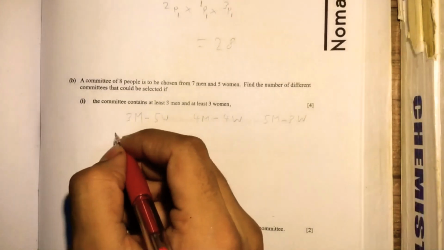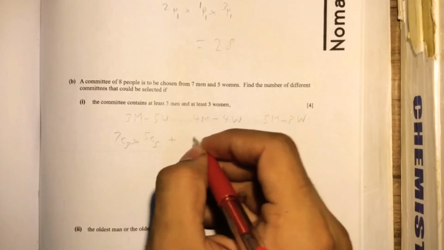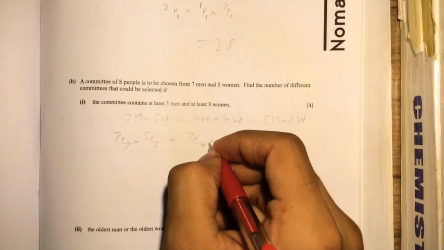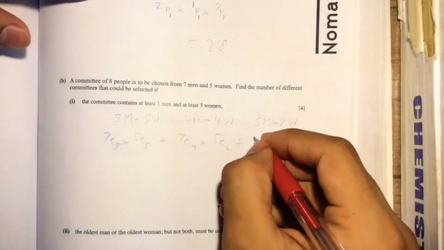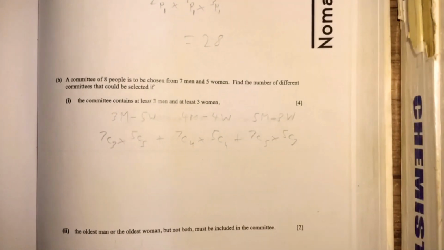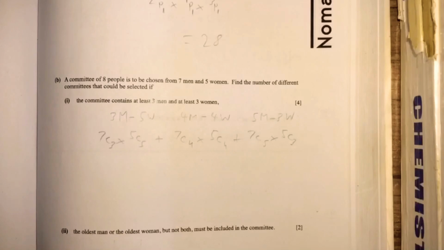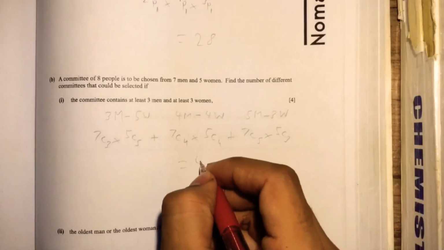So for 3 men, we'll have 7C3 into 5C5 plus 7C4 into 5C4 plus 7C5 for men into 5C3. This will be equals to 420.